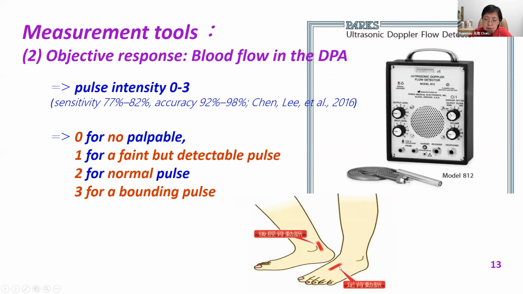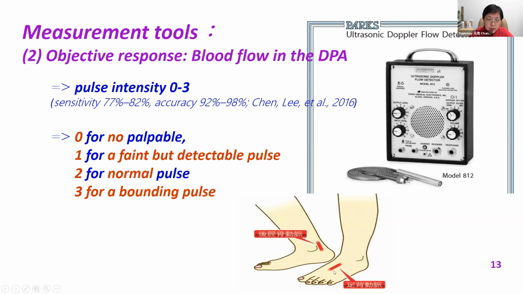dorsal pedis artery pulse from the patient, with a 60 degree angle from the probe, to measure the patient's pulse. So we grade these things.